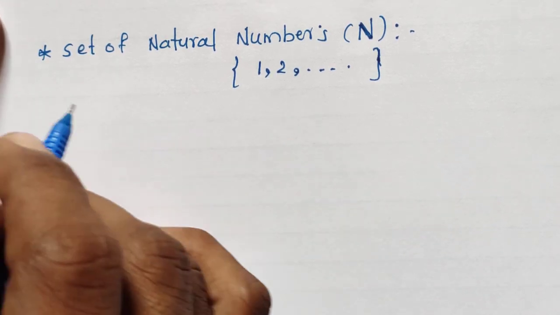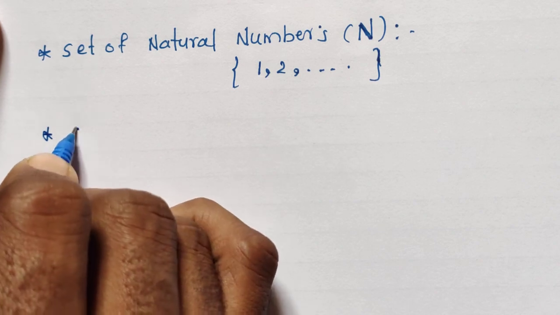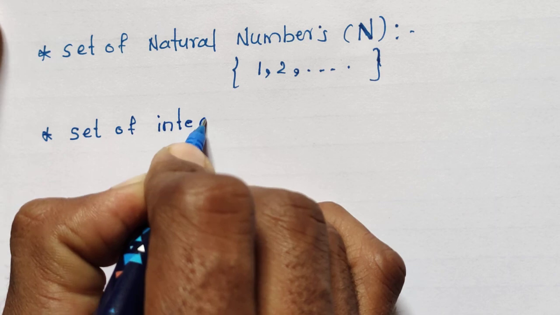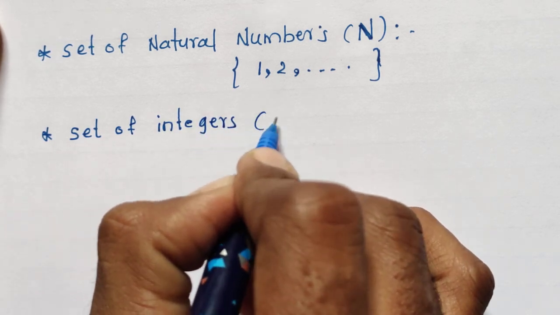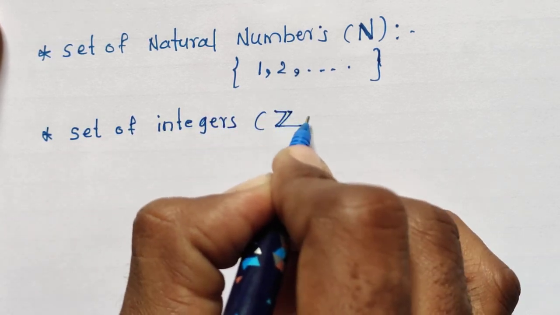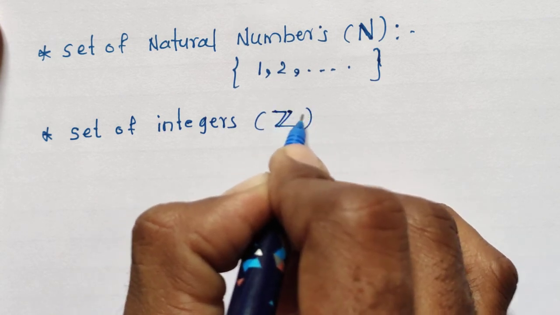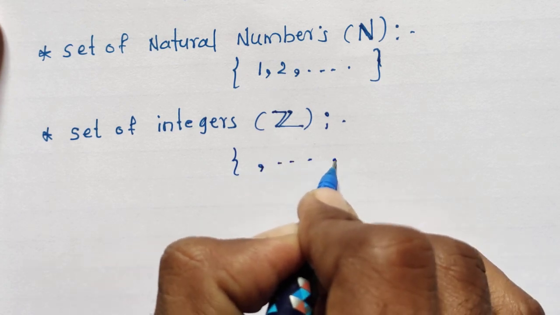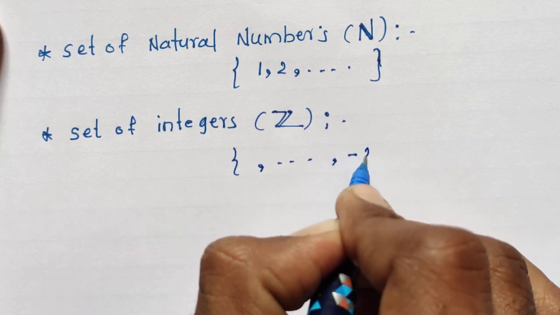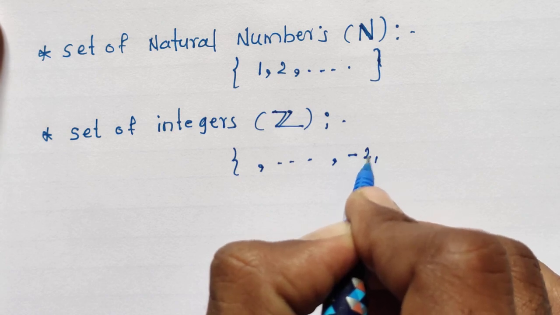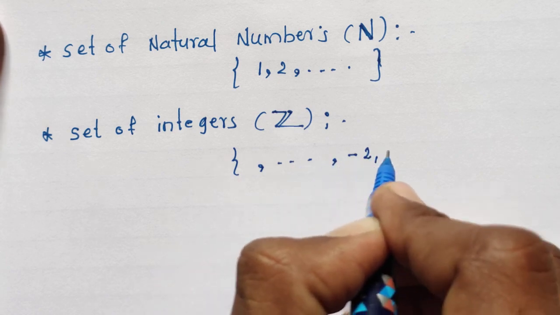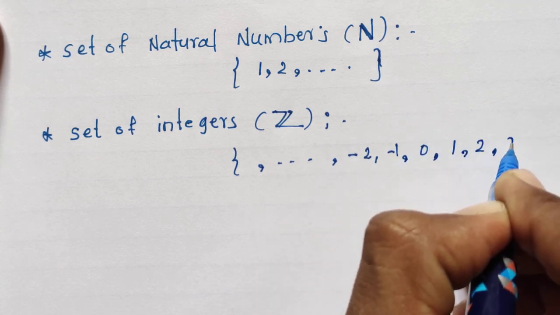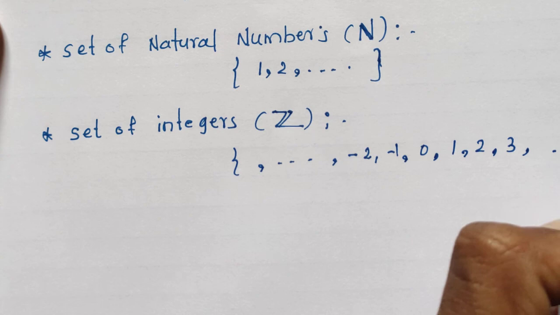The second set is the set of integers. The notation of the set of integers is Z. The set of integers contains the negative numbers as well as positive numbers and 0, that is minus 3, minus 2, minus 1, 0, 1, 2, 3, and all these numbers are in the set of integers.